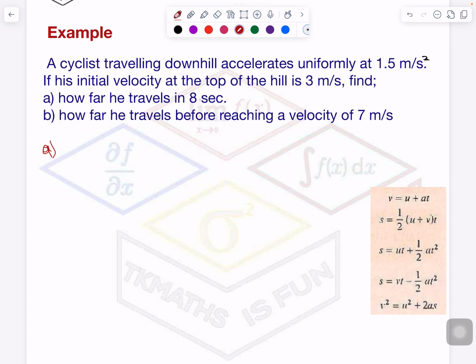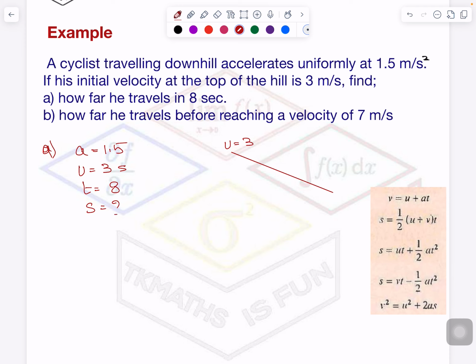A cyclist travels downhill. Again, it is downhill, uniformly accelerating. So acceleration is given here, 1.5 meters per second squared. His initial velocity at the top is 3 meters per second. How far does he travel in 8 seconds? So distance you have to calculate.